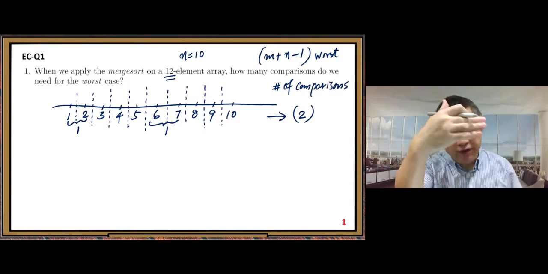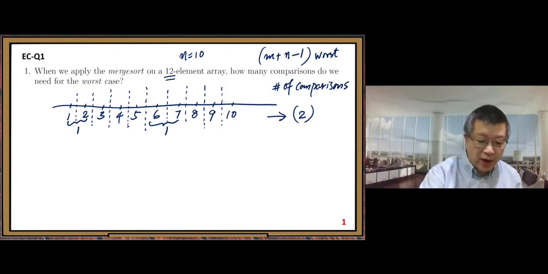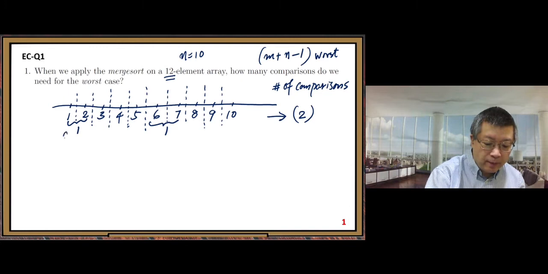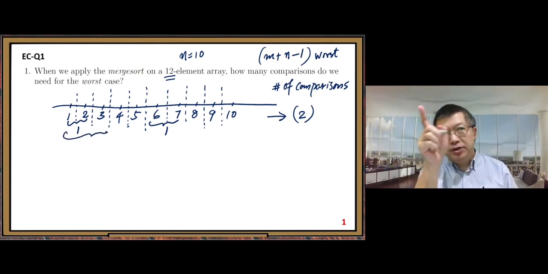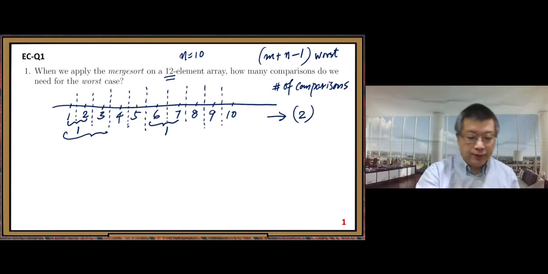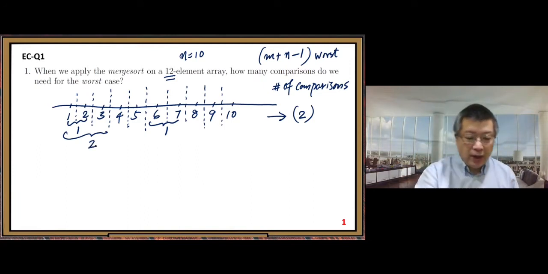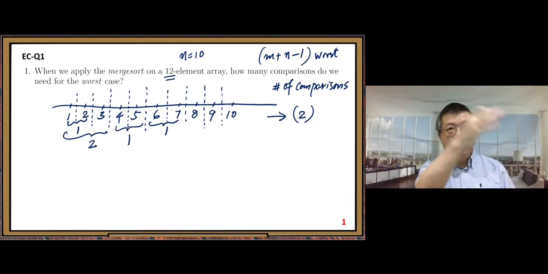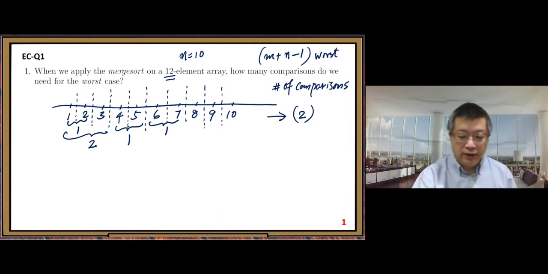Then the previous round, we covered the previous round's split. We should do this merge, right? Total elements 3 minus 1, 2. So for the worst case, 2 comparisons. These two, 1 comparison, right? 4, 5: total number of elements minus 1, so 1.